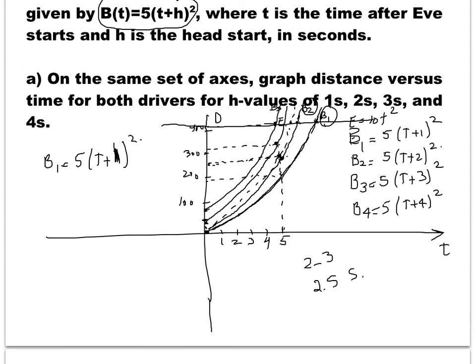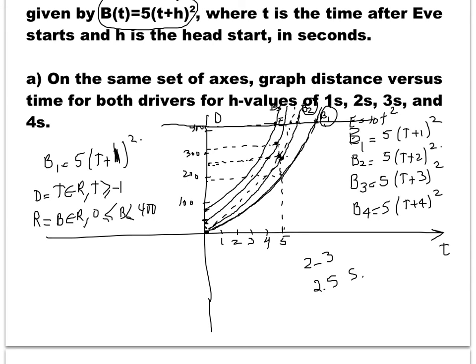Now, if you look at the graph, you can see that the domain is going to be t has to be in R, and t has to be greater than or equal to -1, and the range is going to be B has to be in R, and B has to be less than or equal to 400, greater than or equal to 0.